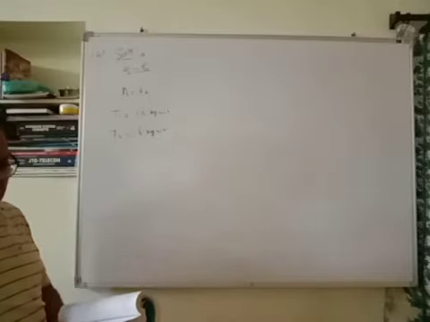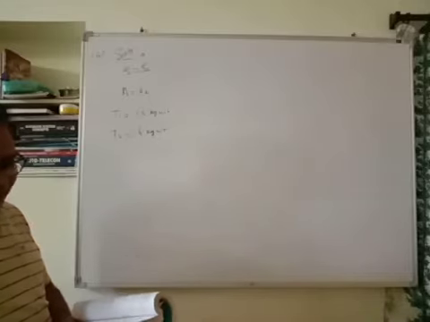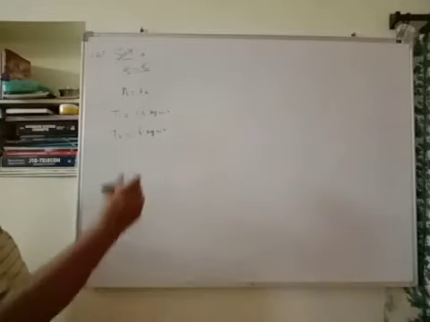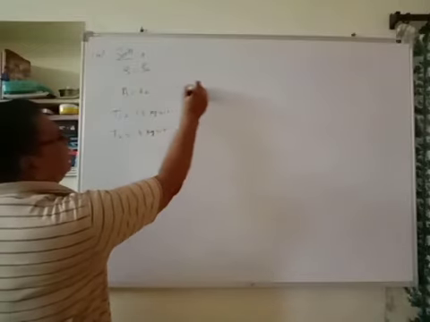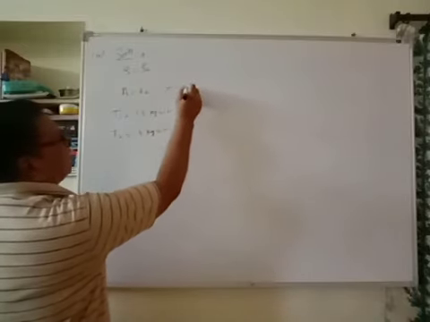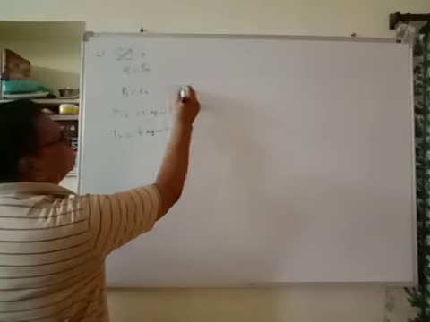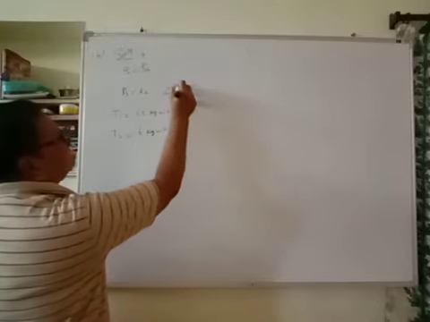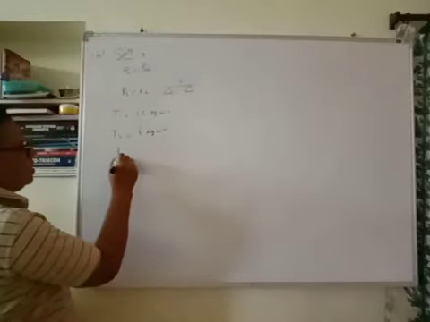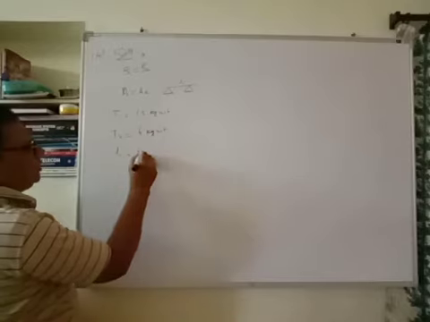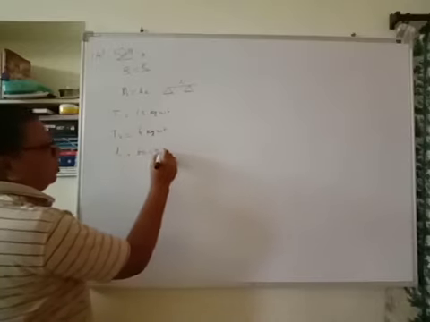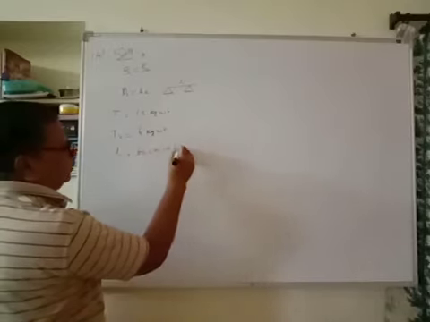The vibrating length of the first wire, when the first wire is subjected to the sonometer, the vibrating length between the two knife edges, is L1. L1 is equal to 60 centimeter or 0.6 meter.